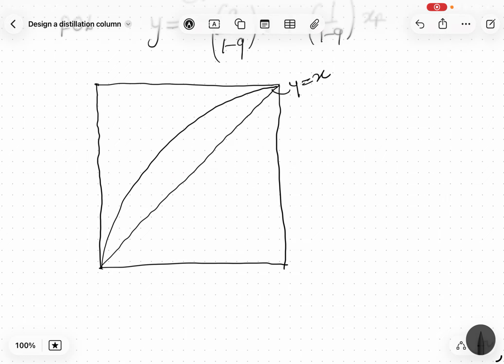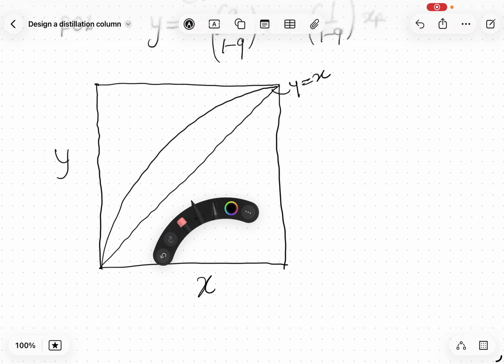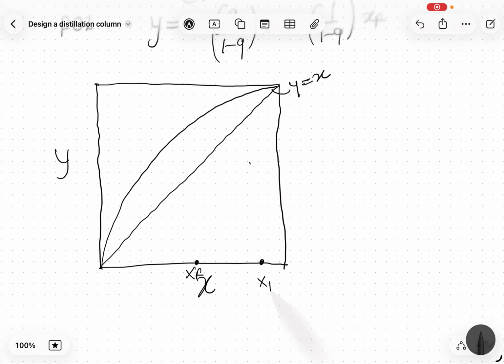This is the vapor liquid equilibrium chart. Now what points do you know? First of all, you will know the xf. You will also know the desired xd you want, and you also know the xb, the bottom product. You draw straight lines from all of them.